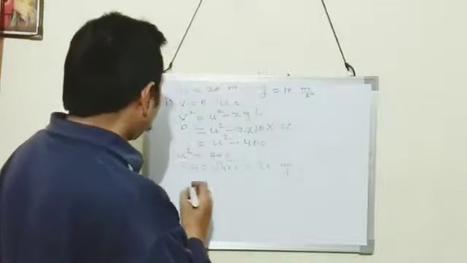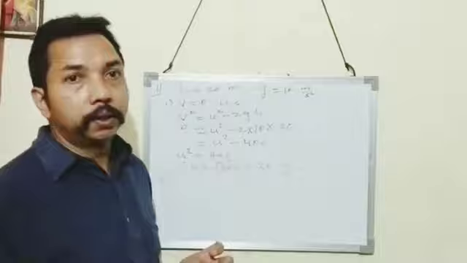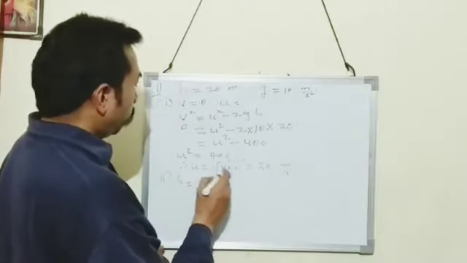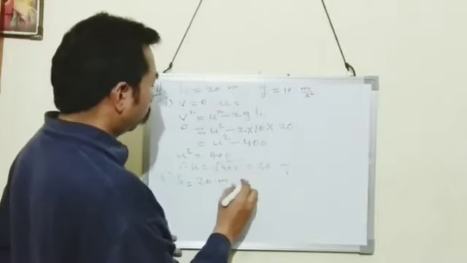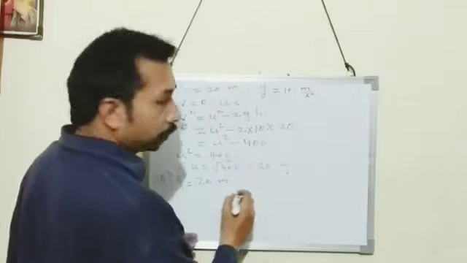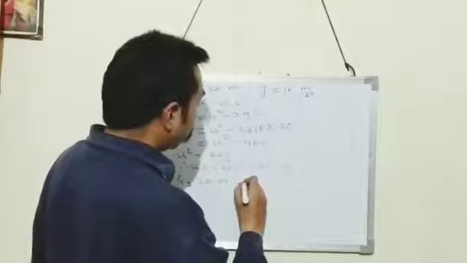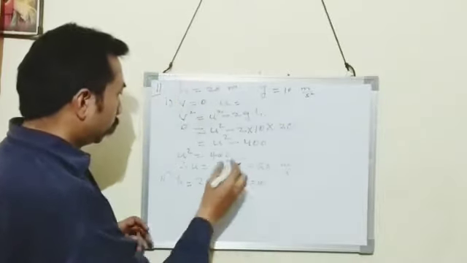Now in the second part, when it is coming down, the height traveled is 20 meters and g is the same. At the maximum height u is 0, and we have to find the final velocity. We use the same formula.